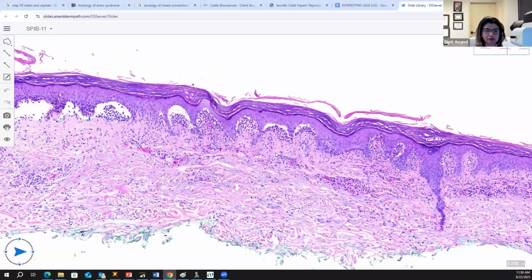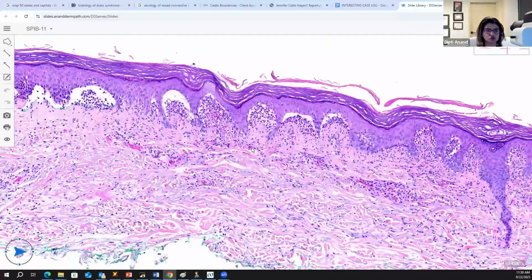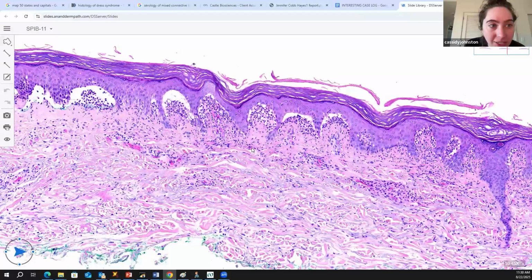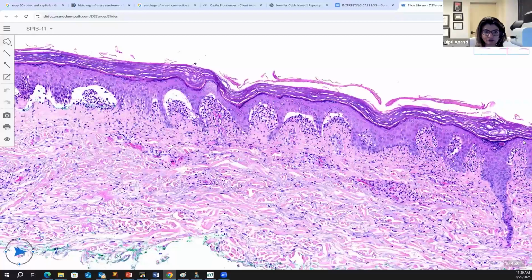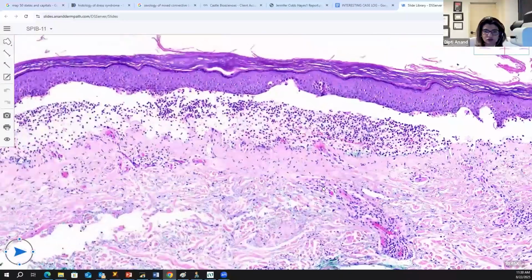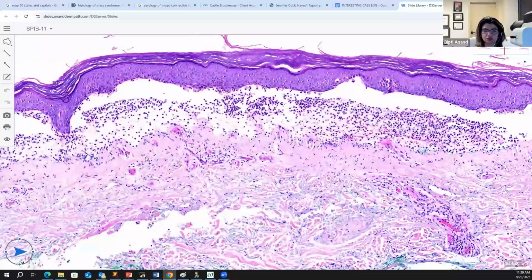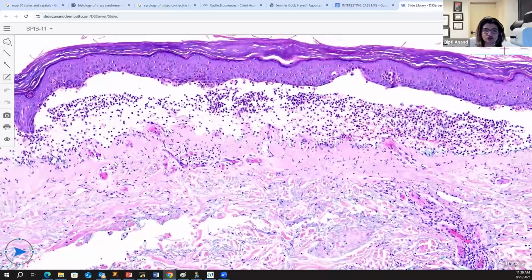Now, if they give you a high power, if they give you this, and you have both DH and linear IgA in the differential, what would you pick? I'd put DH. DH, exactly, because this finding is pathognomonic for DH. However, if they just gave you this, then what is the differential?